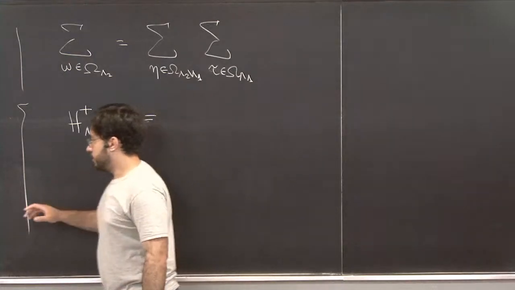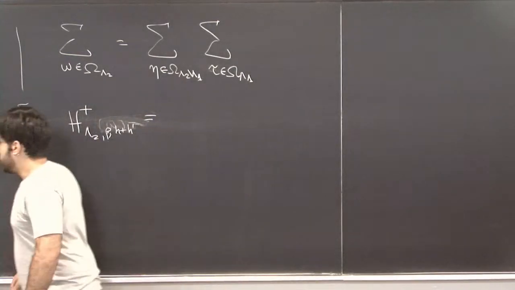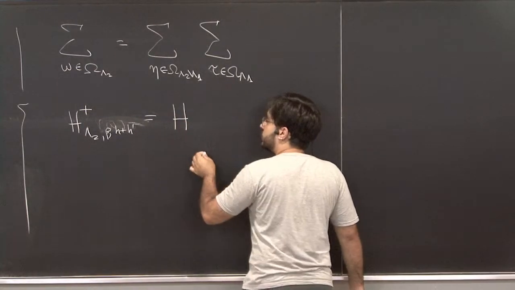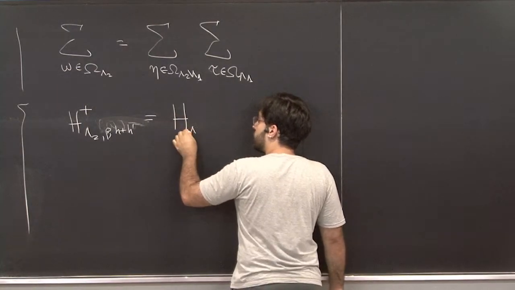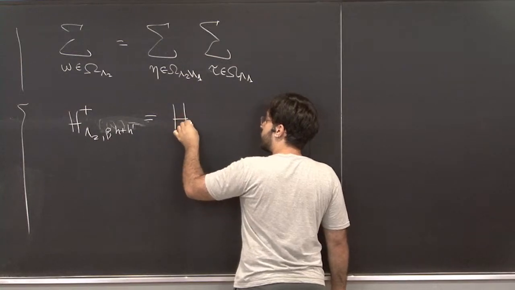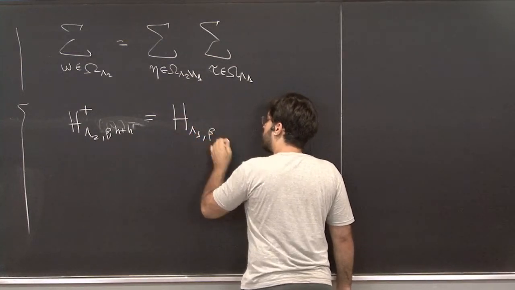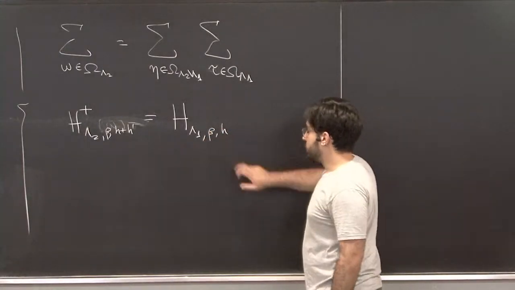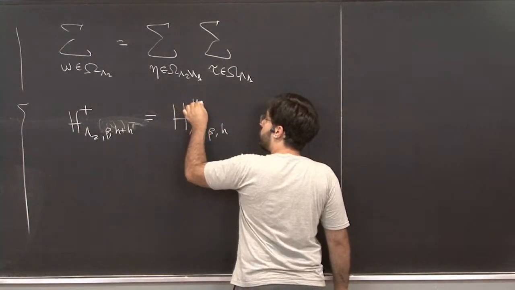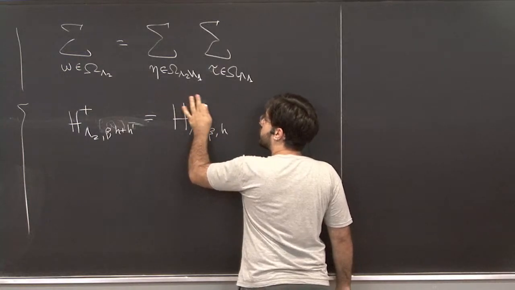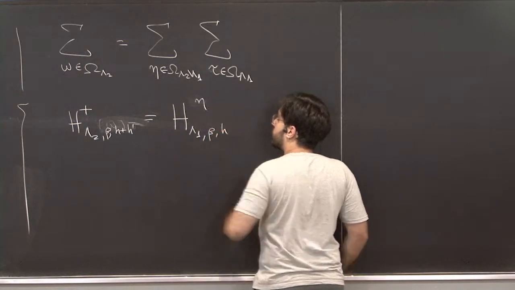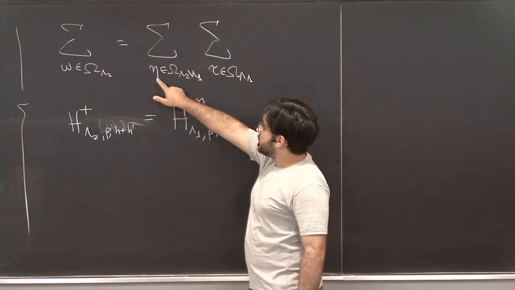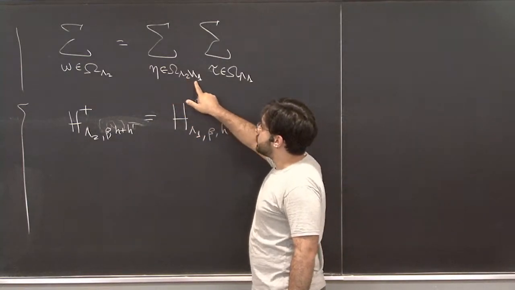It is equal to the sum of the Hamiltonian on the smaller box, now only with field h, but now we pay the price. The boundary condition now is eta, but only between lambda 2 and lambda 1.